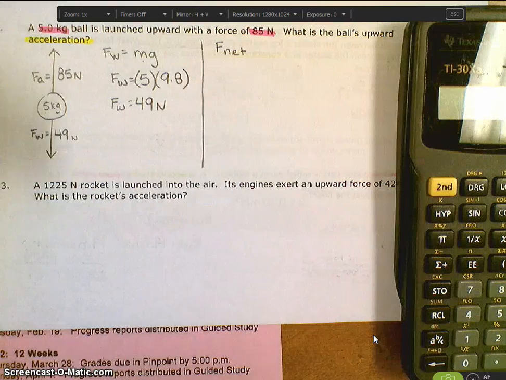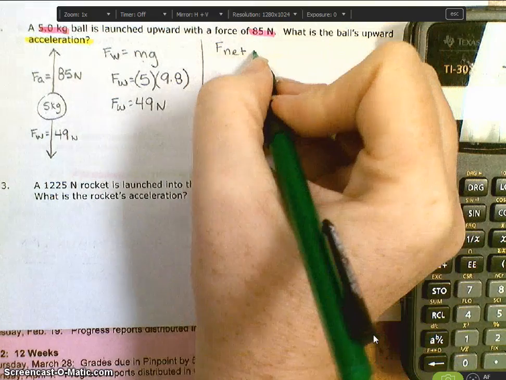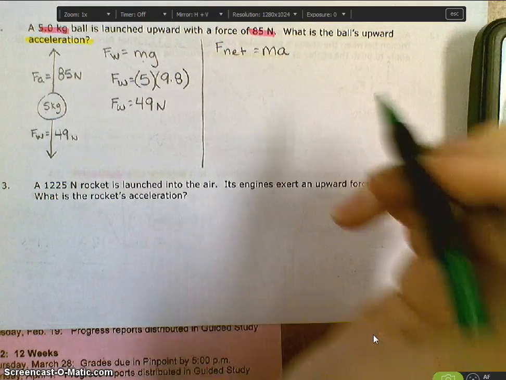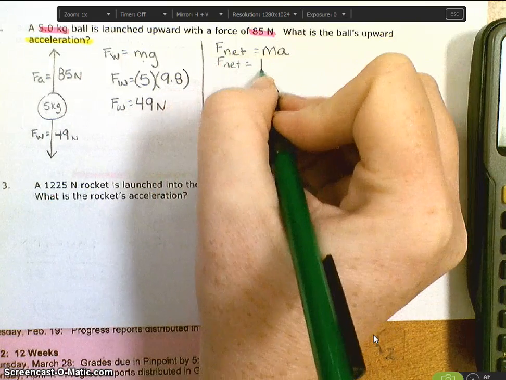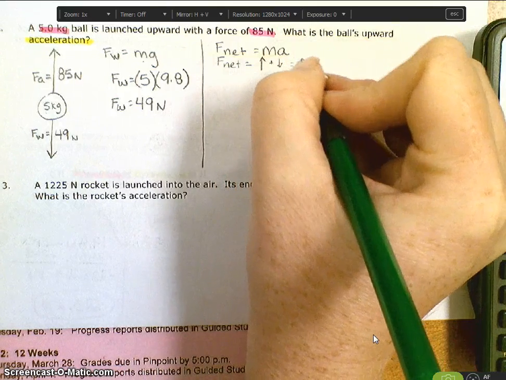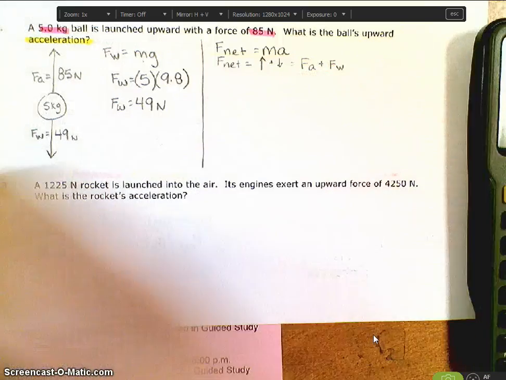So I have 2 versions of F-net. One version of F-net is mass times acceleration. The other version of F-net is adding my arrows. Or we call this FA plus FW.